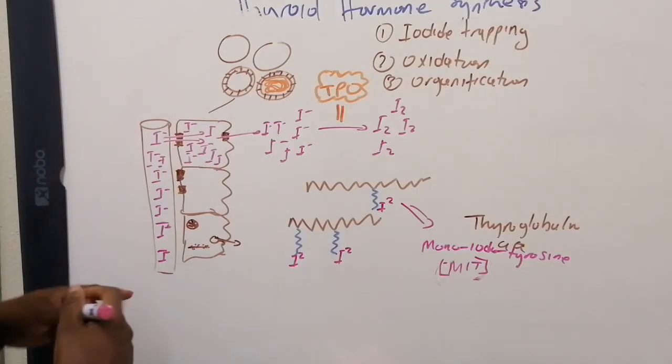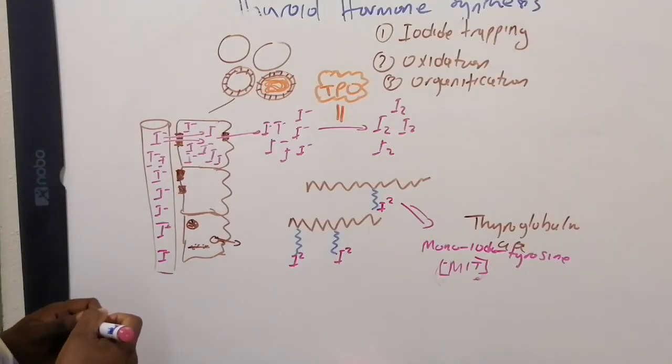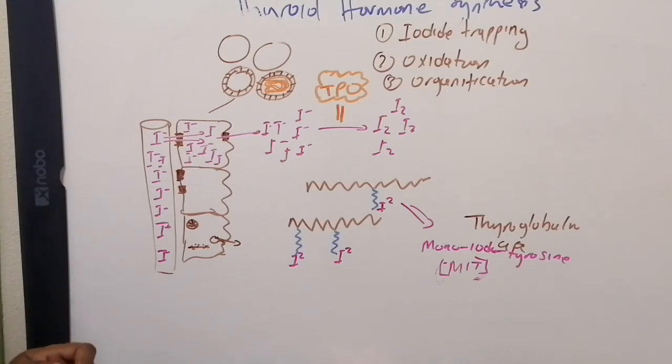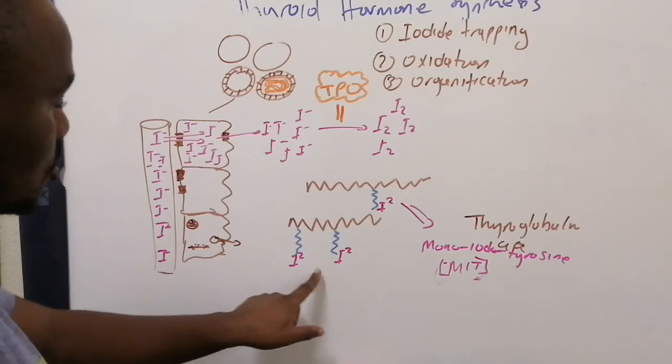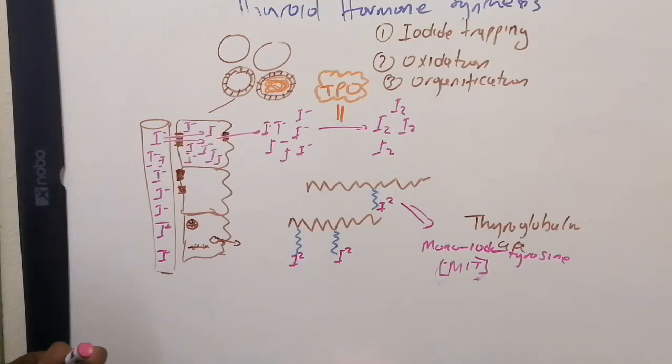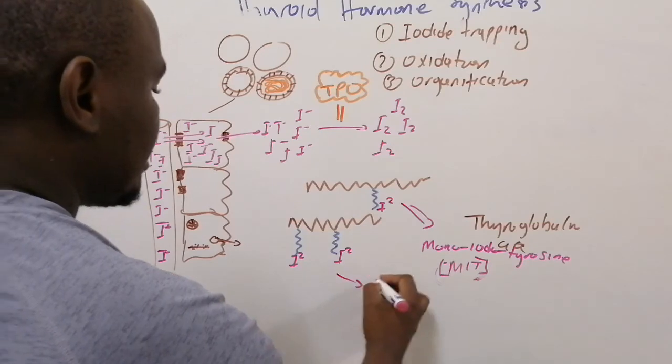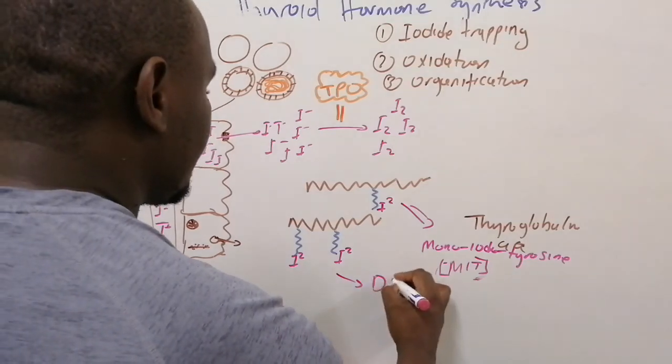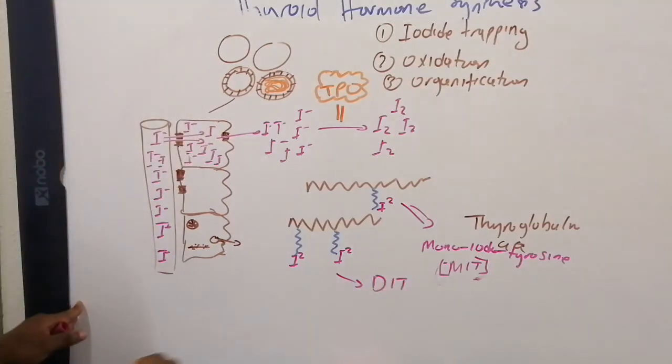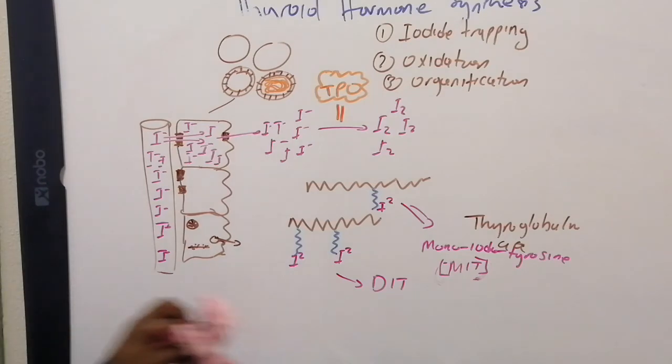If two iodine molecules manage to bind on two locations on that thyroglobulin, then we're gonna get a DIT, diiodotyrosine, right?